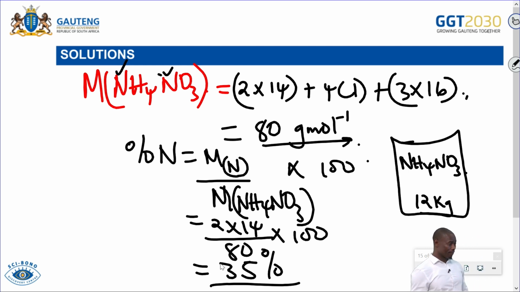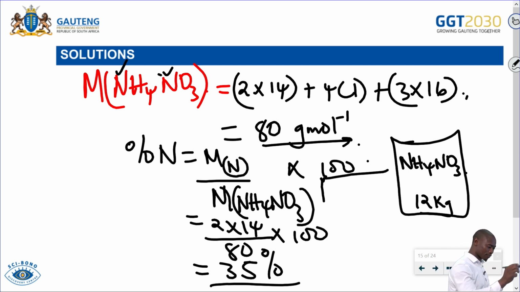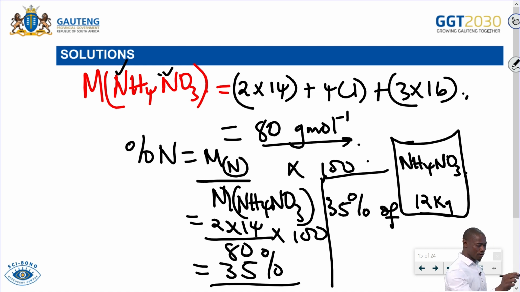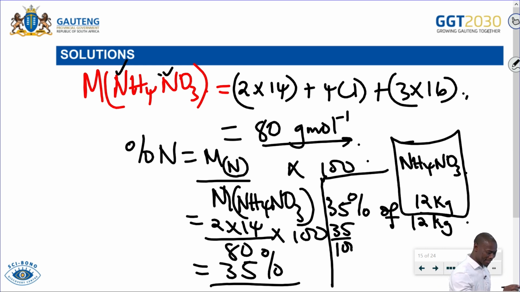So what is 35% of 12 kilograms? So 35% of 12 kilograms is the same as 35 divided by 100 multiplied by 12.